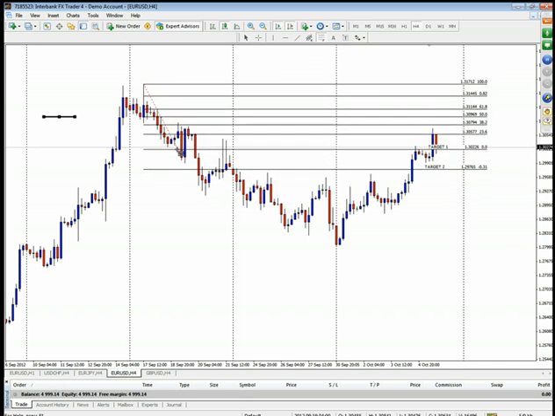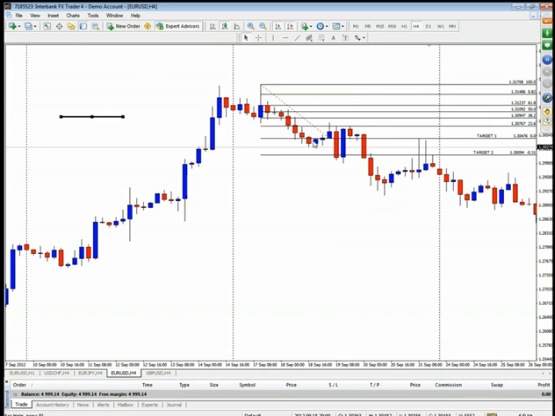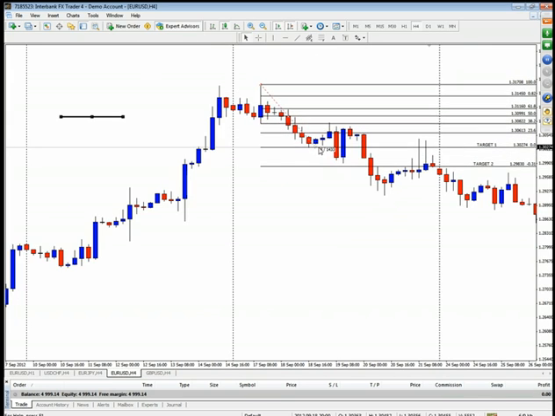As you can see here, you would have got in short here. Oh no, I drew that in the wrong place. Hold on, let me blow that up here. There we go. So in this particular situation, you would have got short here. Your stop would have been up here or up here, so it's either like 75 pips to 100 pips.